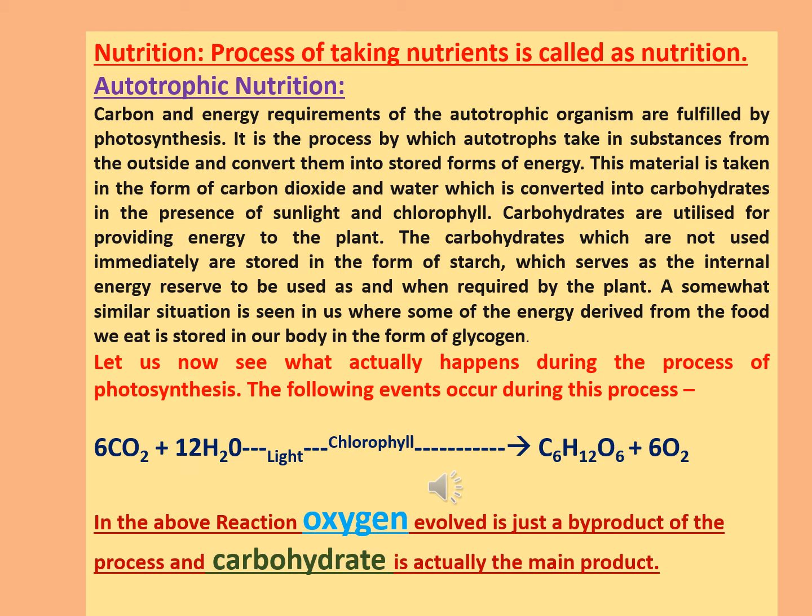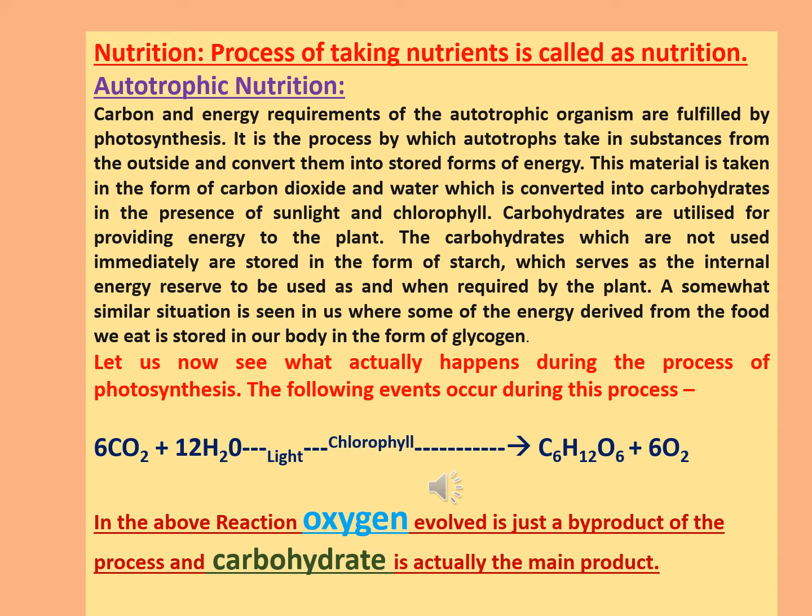If we look at the entire process of photosynthesis, we will see that 6 molecules of carbon dioxide are required along with 12 molecules of water in the presence of light and chlorophyll pigment to provide 1 molecule of starch and 6 molecules of oxygen.